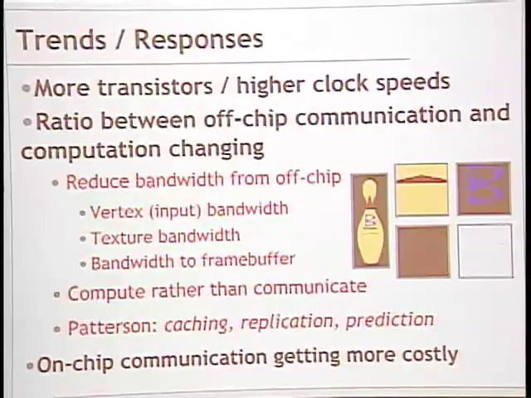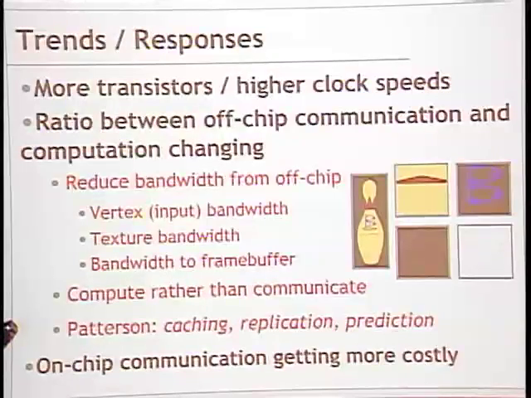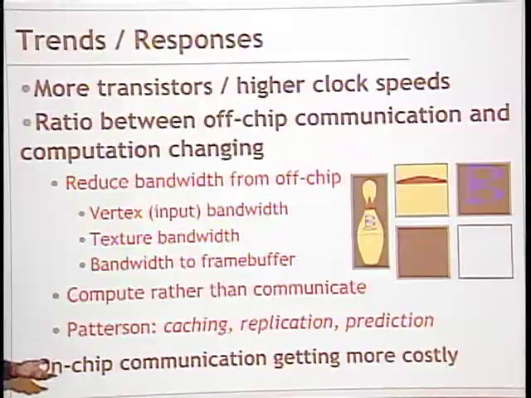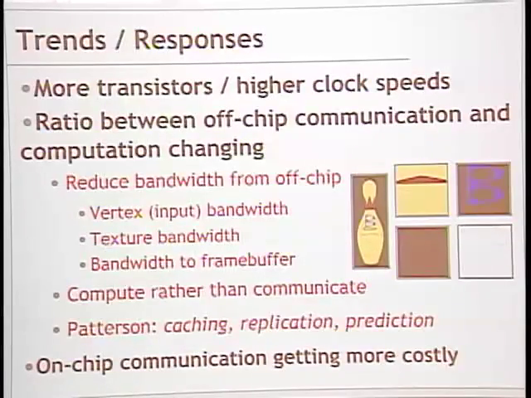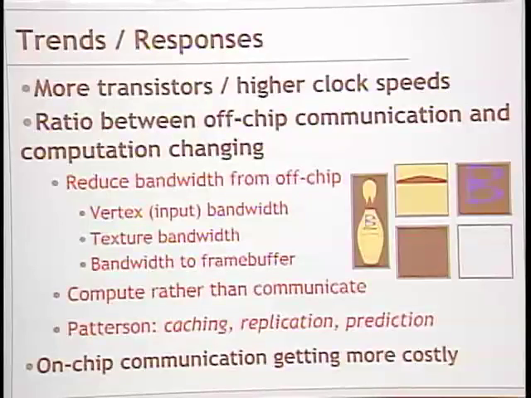Those vertices take up a lot of bandwidth, and that's the slow part, and it's getting slower as time goes on. What can we do to reduce the cost of that? How do we reduce the cost of input bandwidth? Is there any place where we can compute rather than communicate? We might have the choice to send something again or to recompute it, and we'd like to recompute it more and more often. How are we using caching, replication and prediction in these pipelines?